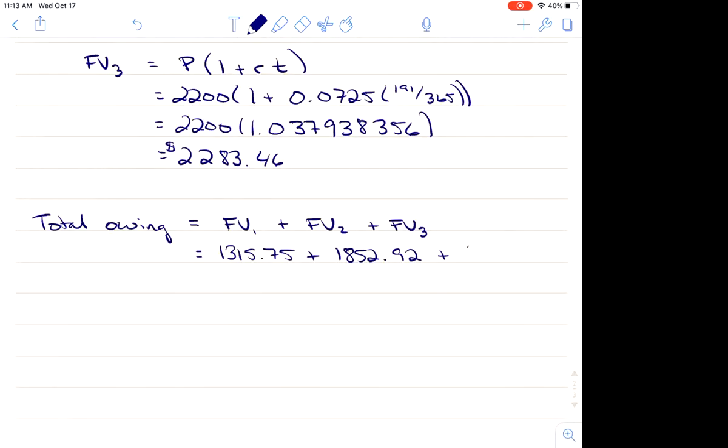Future value 3, $2283.46. Oof. Oops, mucked it up on the second one. 1315.75 plus 1852.92 plus 2283.46.